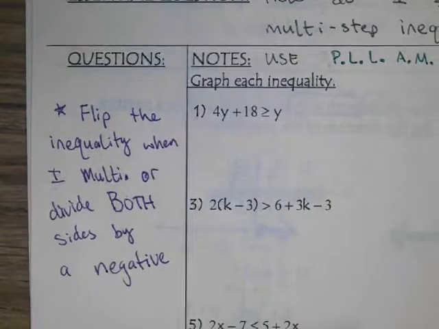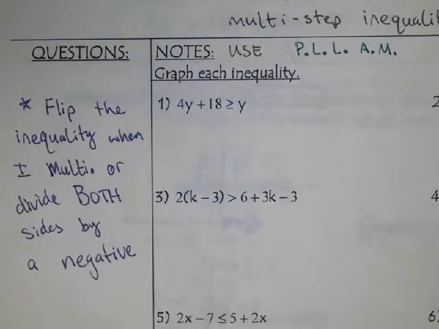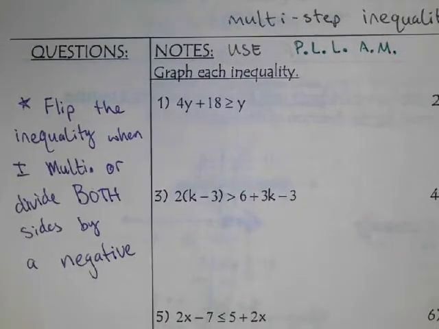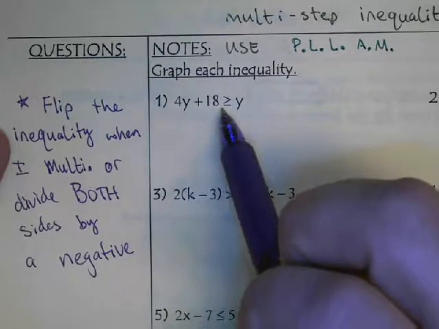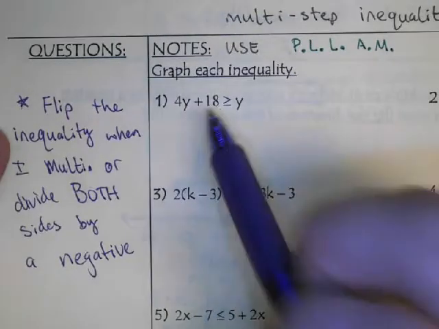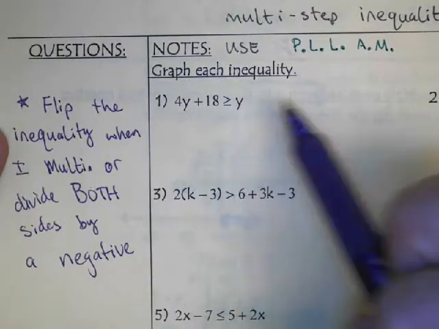Okay, so let's go look at number 1. First, are there any parentheses to get rid of? No, there are not. So we'll combine like terms on separate sides of the inequality sign. There's a 4y and an 18 here. So there's nothing to combine on this side, nothing to combine on our right hand side.